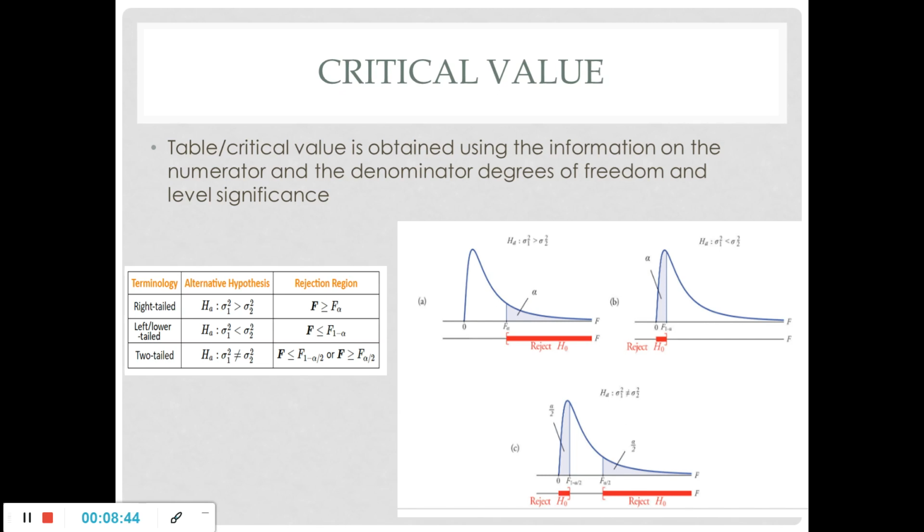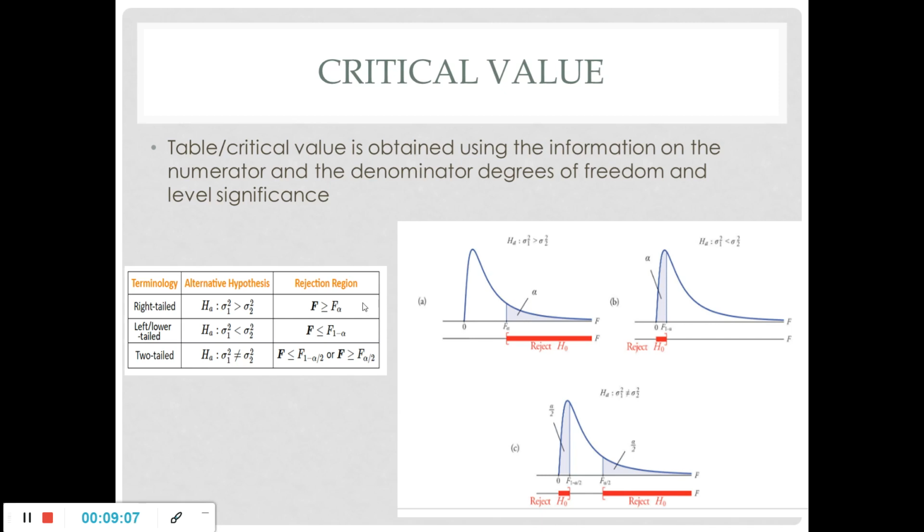One is, of course, the degrees of freedom, but here you have two degrees of freedom: the numerator degrees of freedom and the denominator degrees of freedom, right? And the other information you require to obtain the critical value is level of significance.